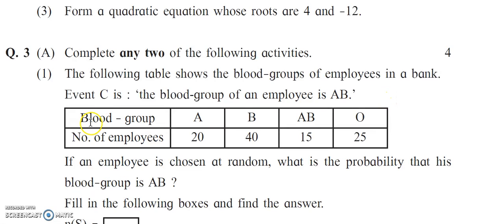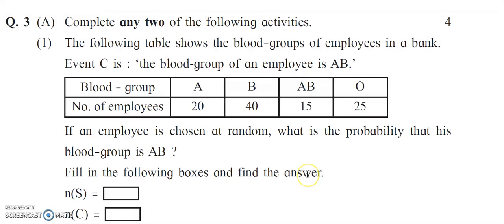The table is given: blood group A, B, AB, O. For blood group A, number of employees 20. For blood group B, 40, AB, 15, and O, 25. If an employee is chosen at random, what is the probability that his blood group is AB?